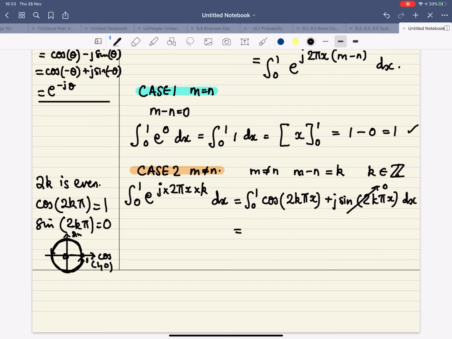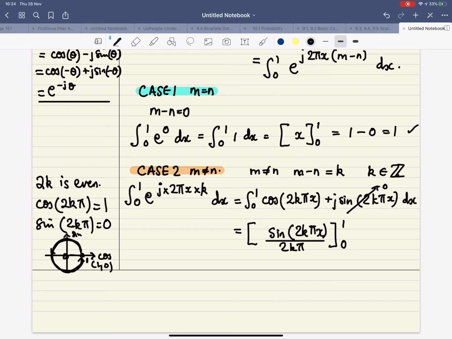So we want the integral now. The integral of cosine is sine, so sine 2k pi x, and we divide by everything apart from the x, which is 2 pi k. The other limit is naught, so it's from 1 to naught.